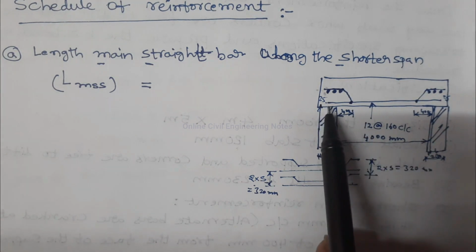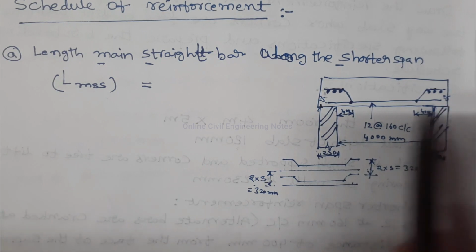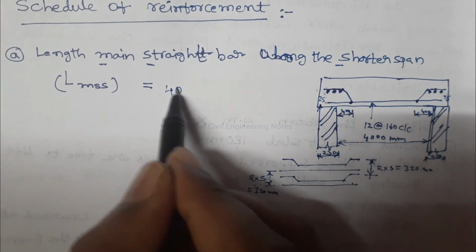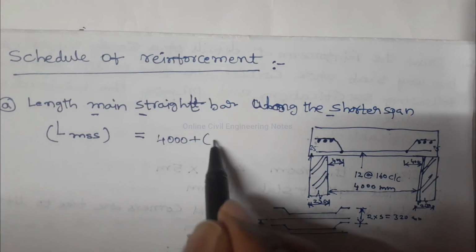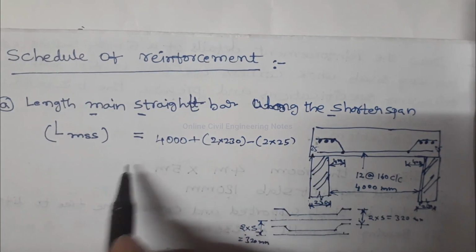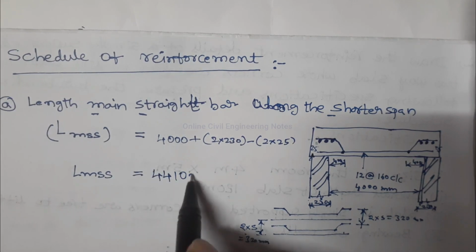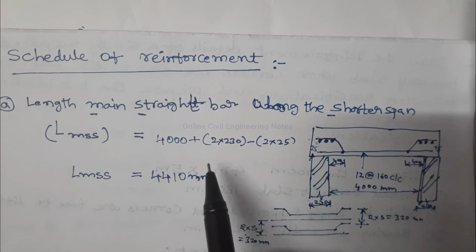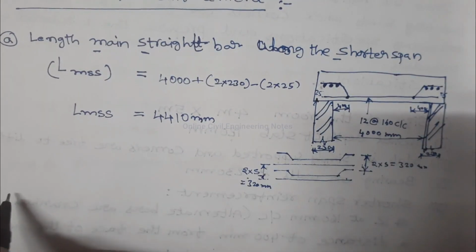Total length of main straight bar is equal to 4000 plus 230 plus 230 minus 25 minus 25. Therefore, length of main straight bar in shorter span is equal to 4410 mm. Now calculate the number of bars required to place along this shorter span.